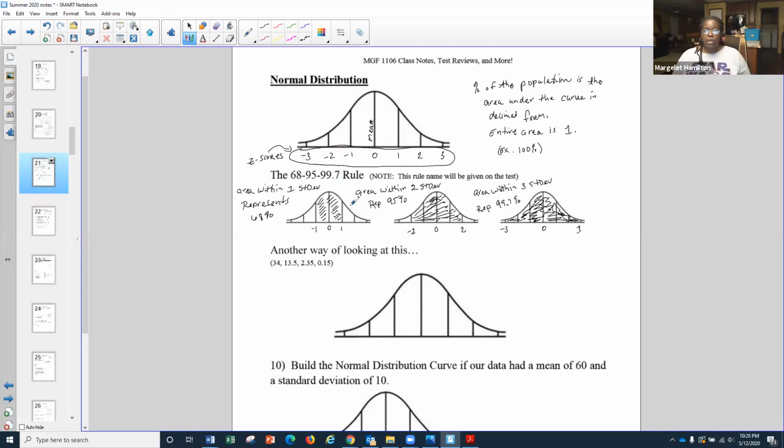Now, another way to look at this is actually looking at these areas underneath the curve that are broken down. So those percentages are broken down based on these areas. See this right here? These are your percentages underneath the curve. You don't even have to memorize that, because I'm going to give this to you as well.